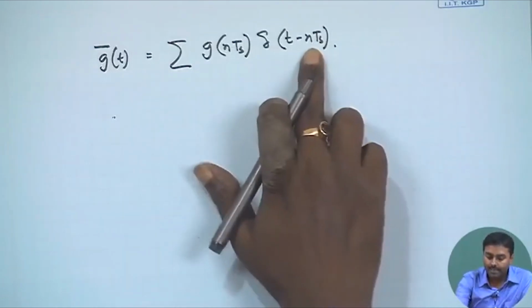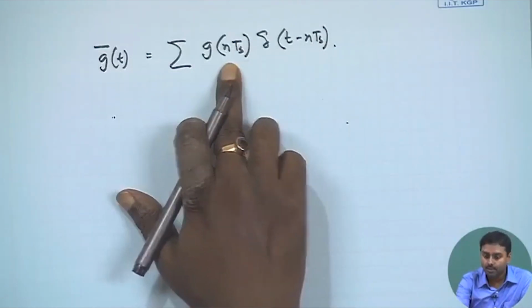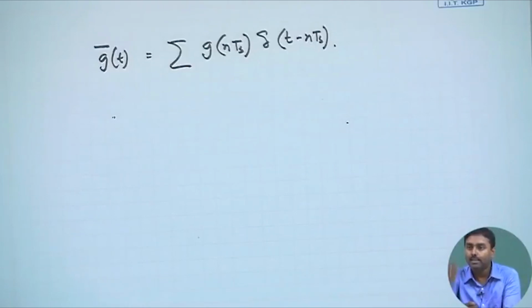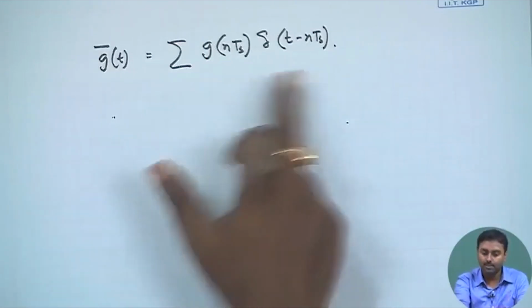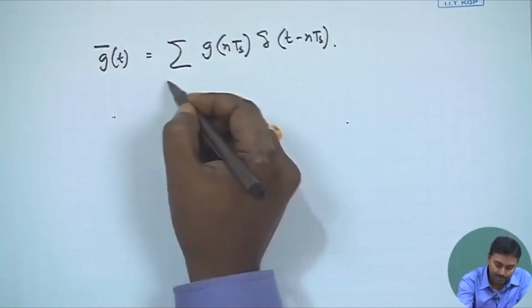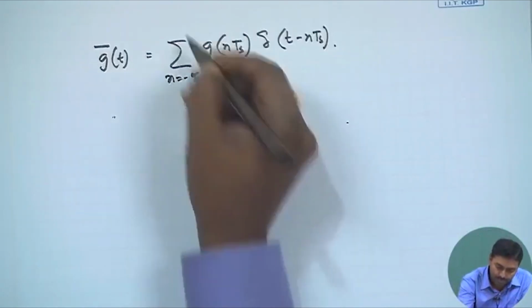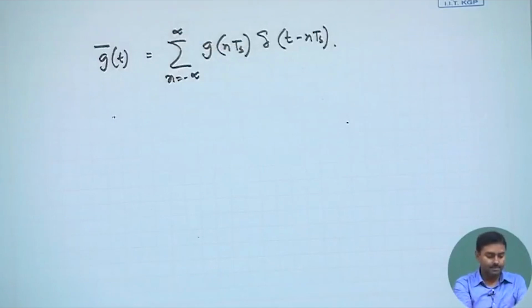So at nTs, this is the sample, and we are multiplying it with a delta. That must be this G bar, because G bar was nothing but the sample with that strength, with a delta function at that location. So this must be a representation, with n going from minus infinity to plus infinity. This is our G bar(t).